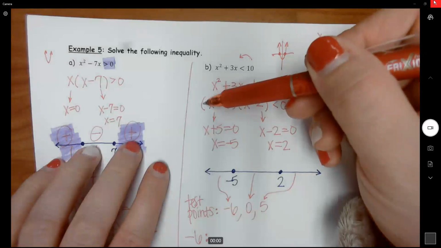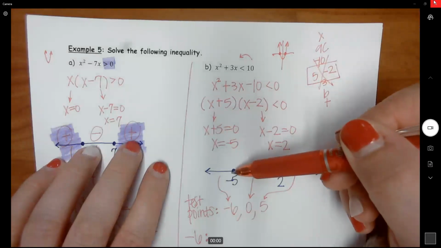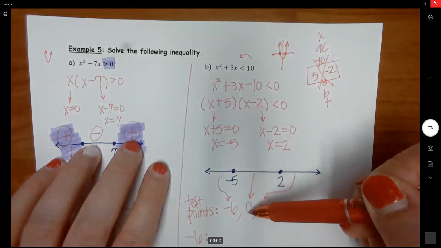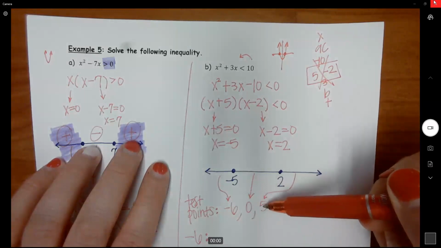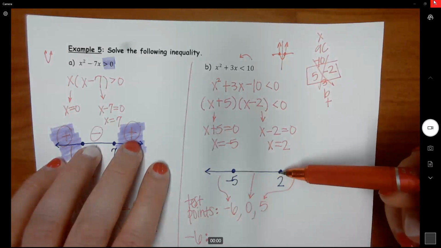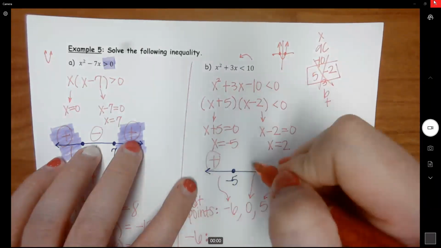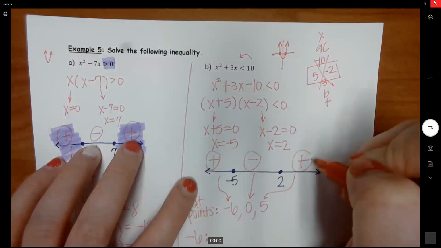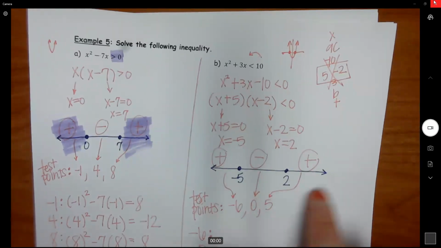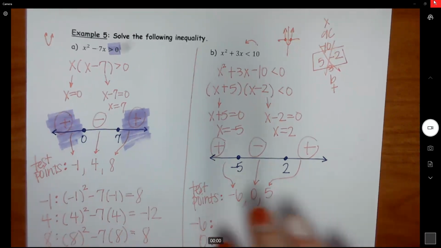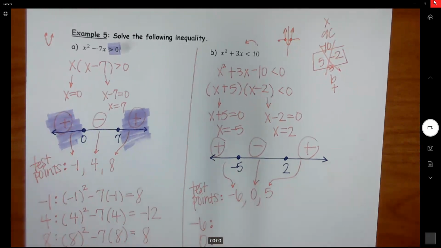So we know it's going to come up, cross right here at -5, come down here, get its vertex, change directions, cross the x-intercept right here, and then keep going up. So I know this is positive, negative, positive again. This is not always going to be the case, but we should know that.